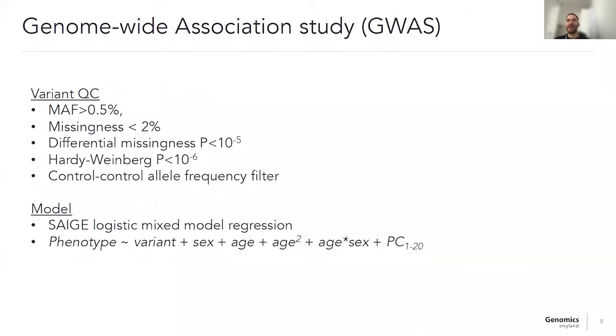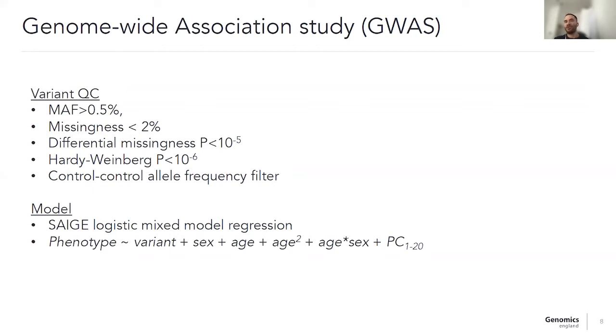Next slide. The first analysis, the major analysis that we did for discovery, was a genome-wide association study. For that, we performed very careful variant quality control. We used only relatively common variants for this analysis, with MAF above 0.5%.